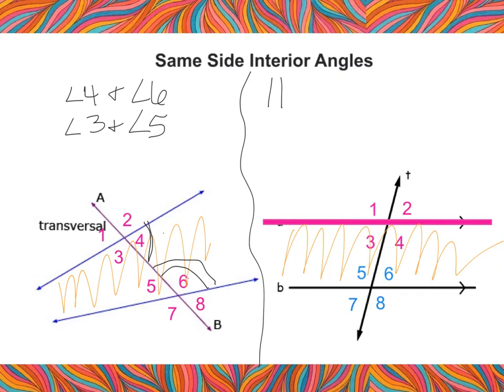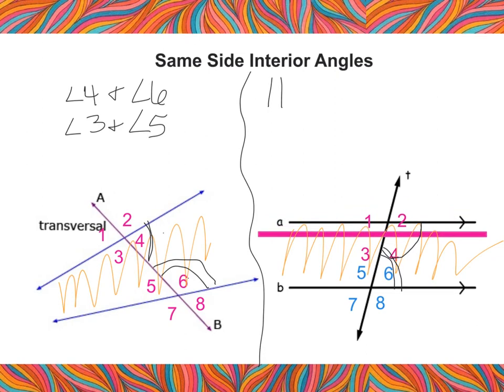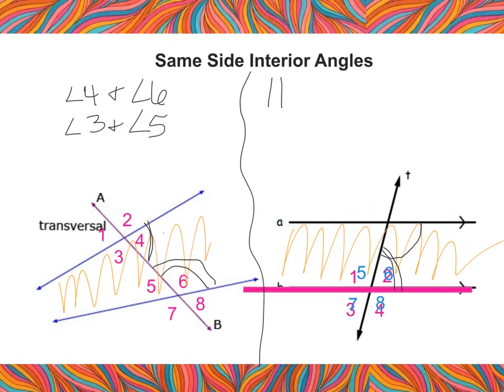Angle 4 is same-side interior to angle 6. If we think about this for a second, and you're maybe wondering how they're related, well, if I were to move these down, I know that angles 2 and 6 are corresponding angles. So 2 and 6 are congruent.